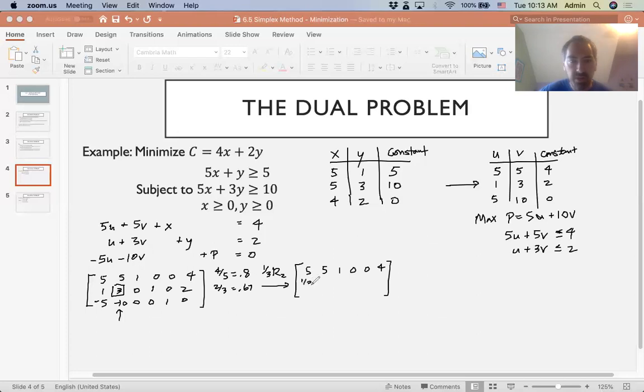That's 1/3, 1, 0, 1/3, 0, 2/3. Everything else stays the same. Now that we've got the 1 in place, we want everything else in that column to be zeros. So we can do that by taking row 1 minus 5 times row 2, and row 3 plus 10 times row 2. Row 2 will remain the same.